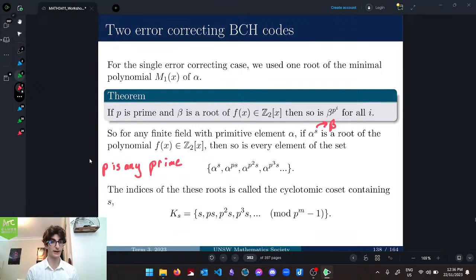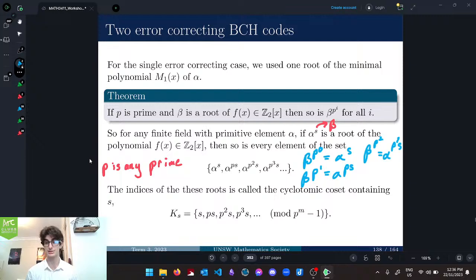So we know that beta to the p to the 0 is just going to be beta, which is going to turn into alpha to the s. And then we've got beta to the p to the 1, which is alpha to the ps. And beta to the p to the 2 is alpha to the p squared s. And so we're just forming this infinite sequence.